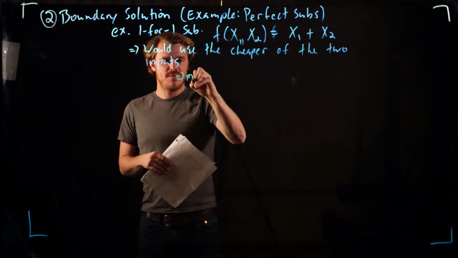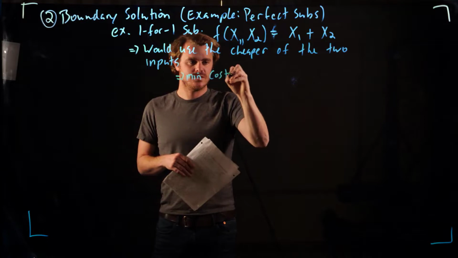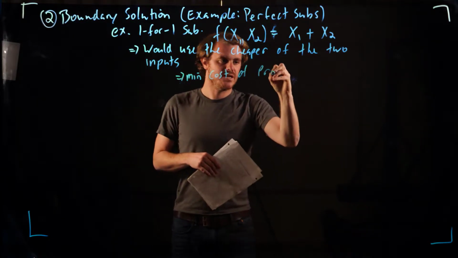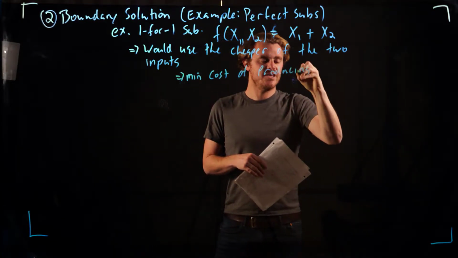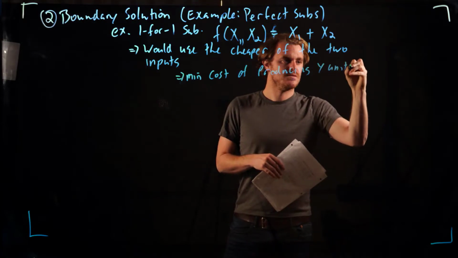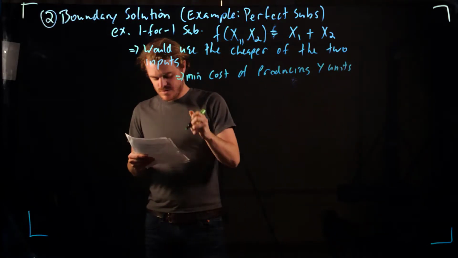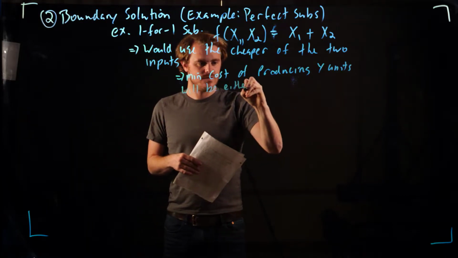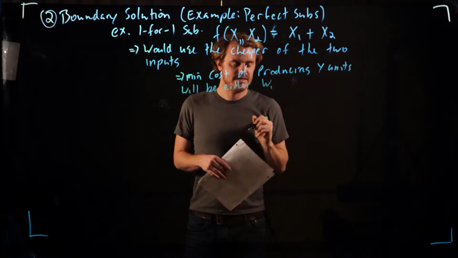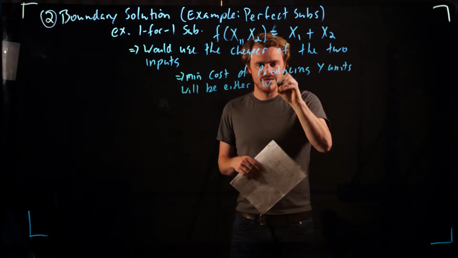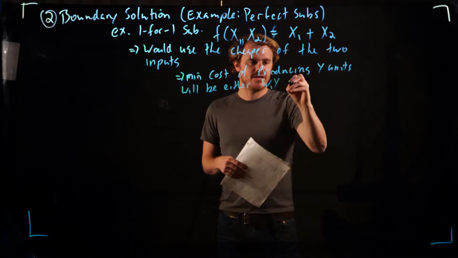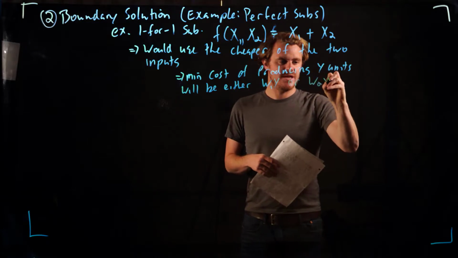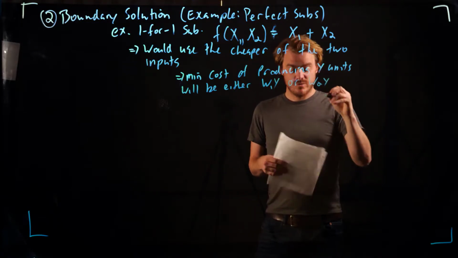So here, the min cost of producing y units will be either W1 times y or W2 times y, whichever is lower.